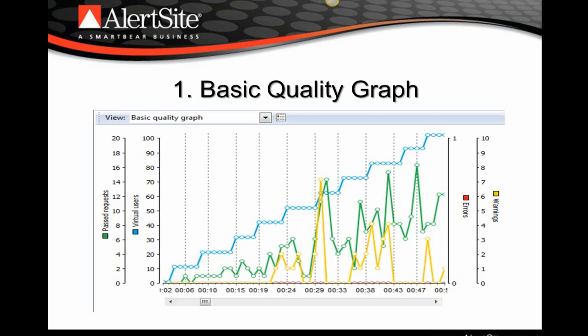It's one that you can't go without. And also, you'll notice that the users are added to this in a stepwise manner, and that is so that you can see what happens under each level. 10 users here, 20 here, 30 here, and if you run it for a while at the same level of load, it gives the server a little bit of time to stabilize and process things at that level.